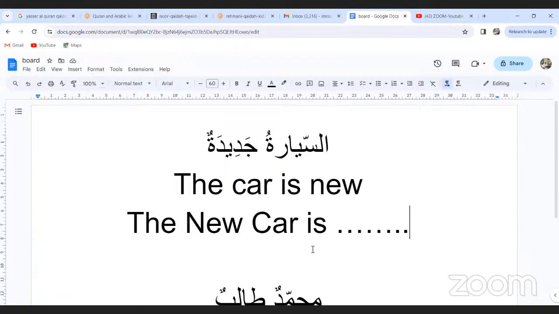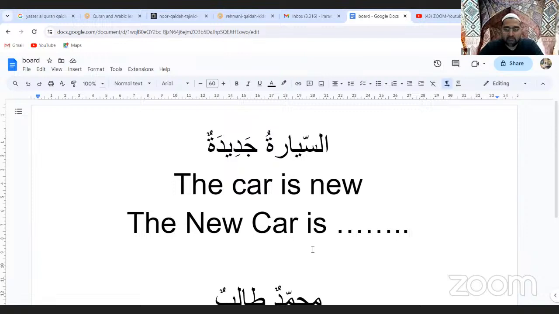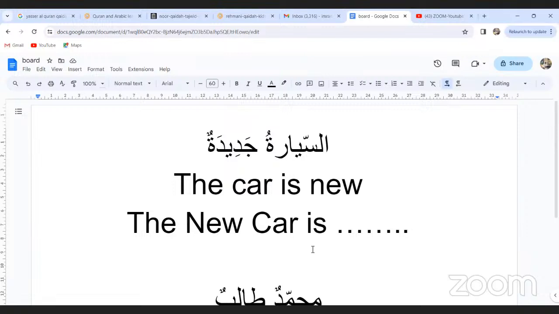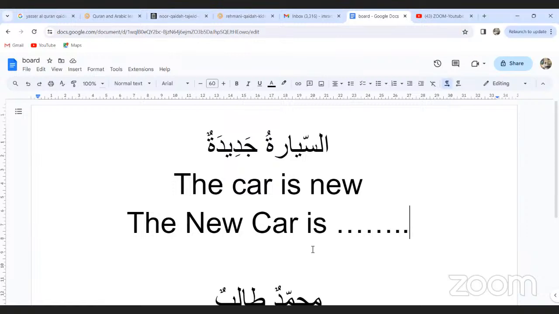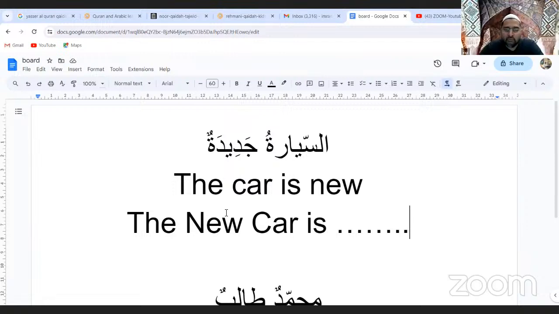The sentence formation is different. Before, it was at the end, now it's at the beginning. Now it's a thing with the subject and the predicate. So what's happening here? The car is new is subject and predicate, mubtada and khabar.